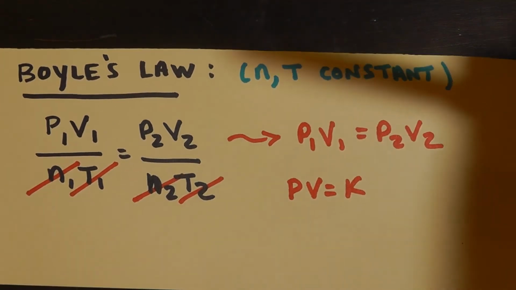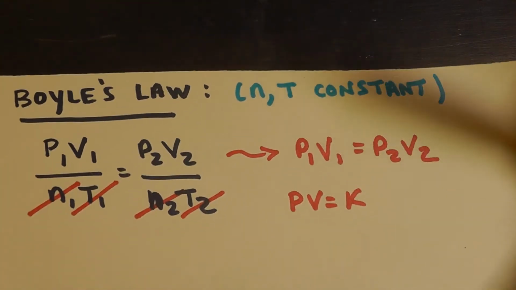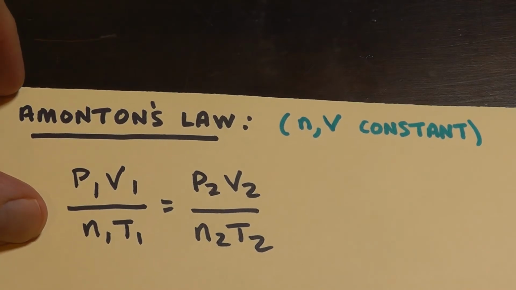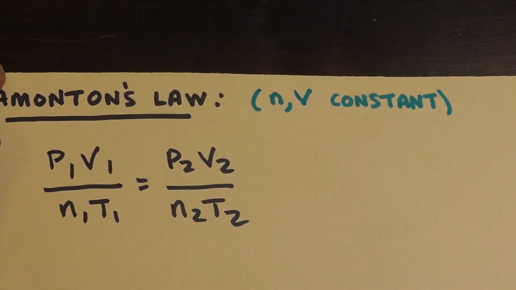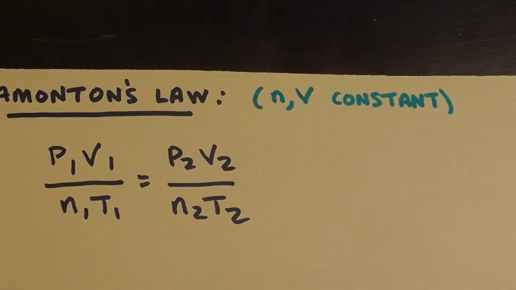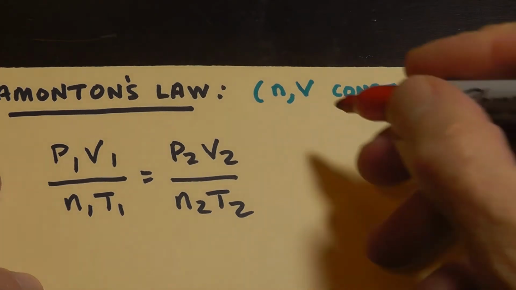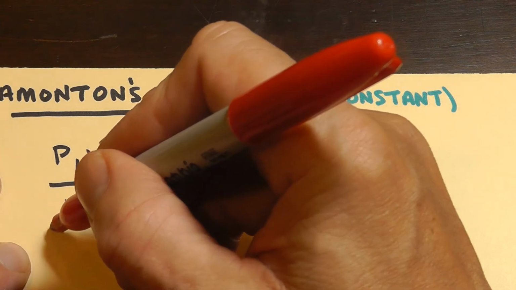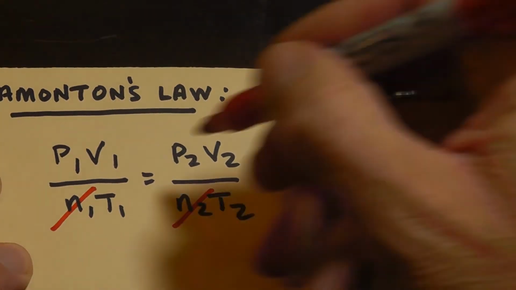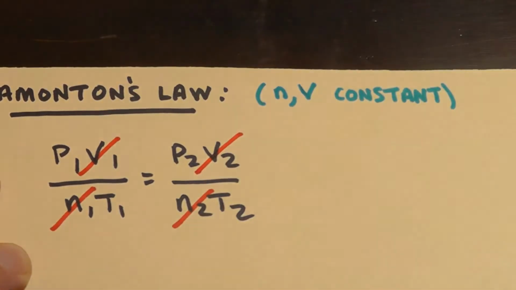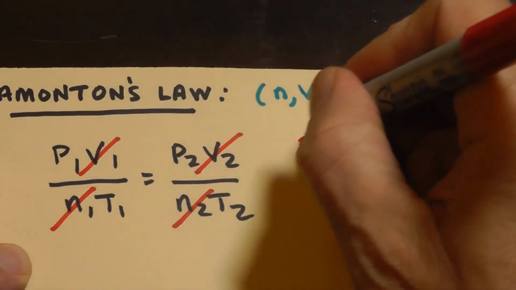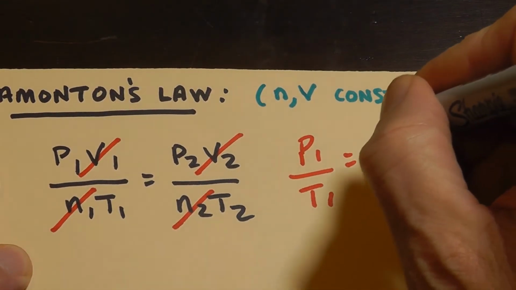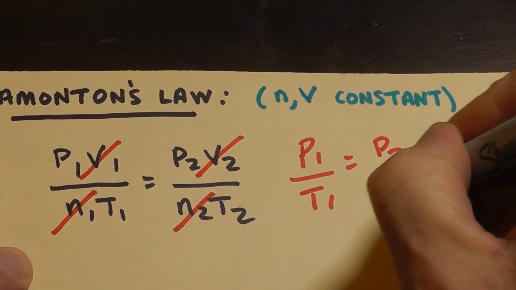Like if I squeeze on a gas in a cylinder and push on it, what its pressure will do. This is called Amontons' law, sometimes called Gay-Lussac's law. If you have a rigid container so that the volume is constant, that doesn't leak so the moles are constant, I can say that the moles are constant just like the last one, and the volume is constant, so P1 over T1 equals P2 over T2.